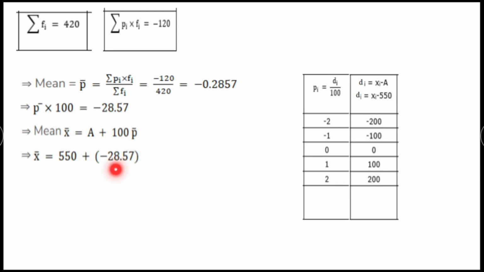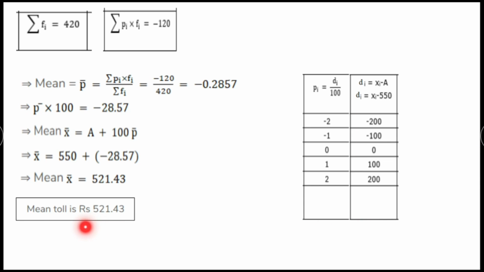So we substitute these two values, the value of a and the value of 100 into P bar, that is the mean of P. So after calculating we get mean x bar equals to 521.43. So mean toll is rupees 521.43.